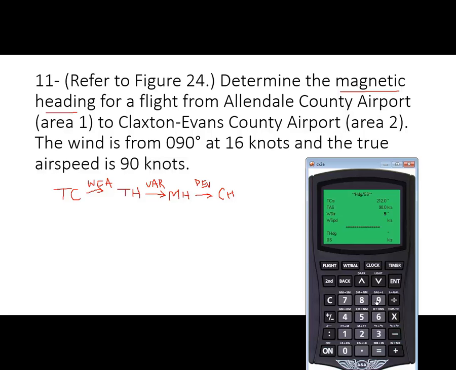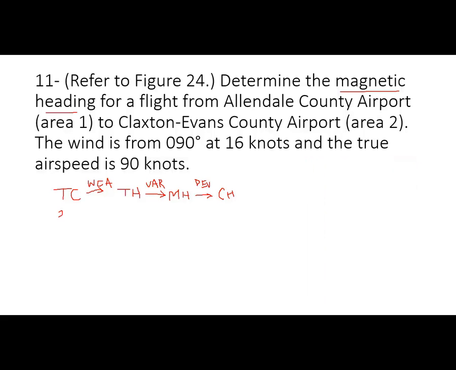The wind is from 90 degrees, and the wind speed is 16 knots. When you do this, you come up with a true heading of 203.3 degrees. So we had a true course of 212, and when we correct that true course for the wind, we have a true heading of 203.3.